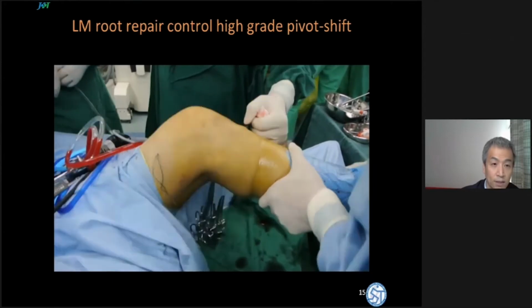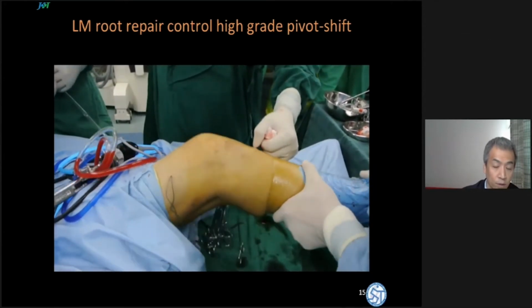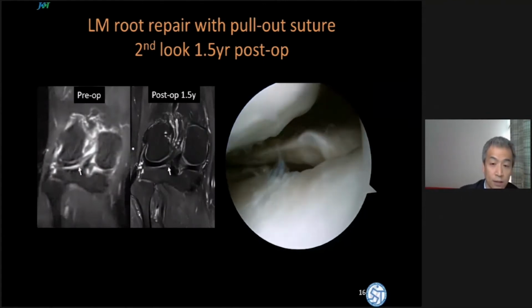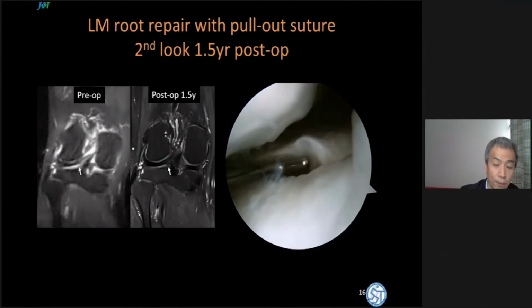We think this phenomenon is proof that the lateral meniscus root repair can control the high-grade pivot shift. We performed a second look arthroscopy 1.5 years later, and found the root area was completely healed to the tibial plateau. We can also see the result in the preoperative and postoperative MRI.